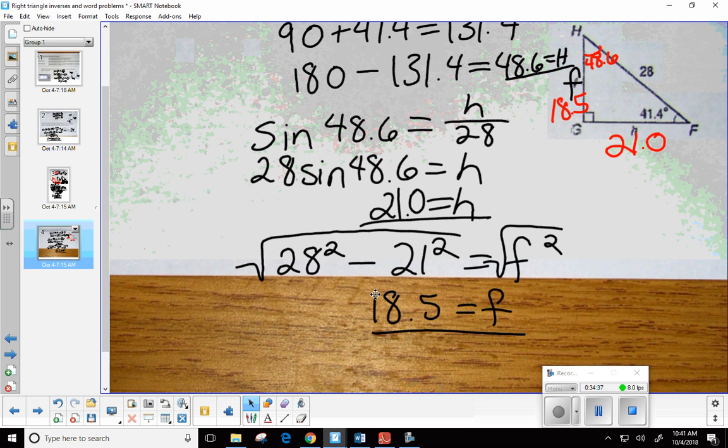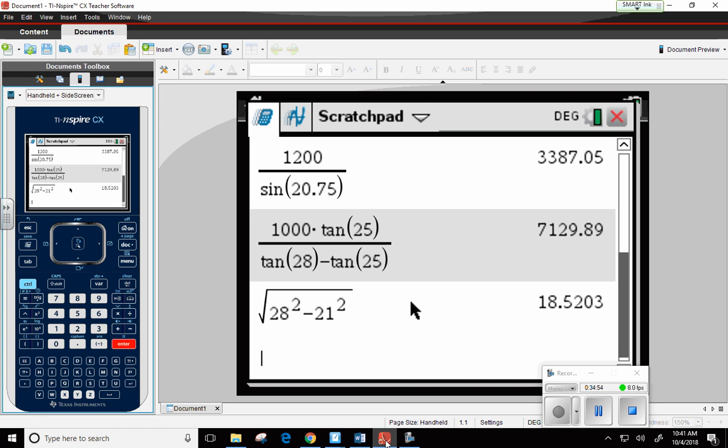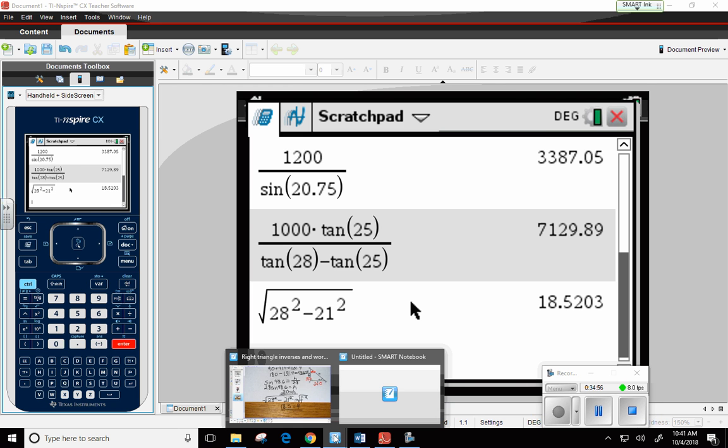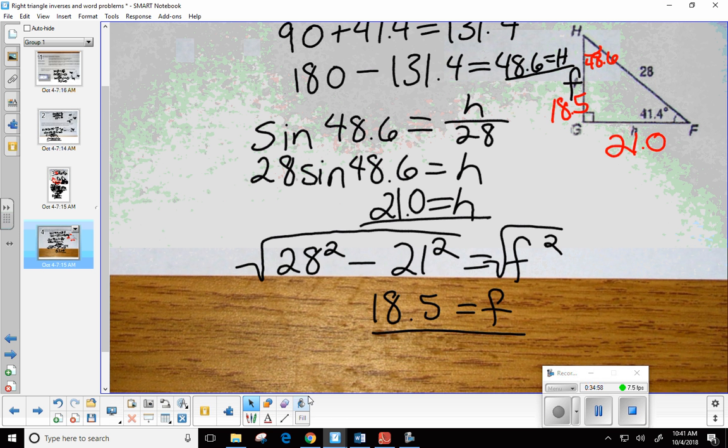And then for that, you could have used any trig function to get there also. It was 21.0 something something something, so I feel like a tenth off isn't a big deal.